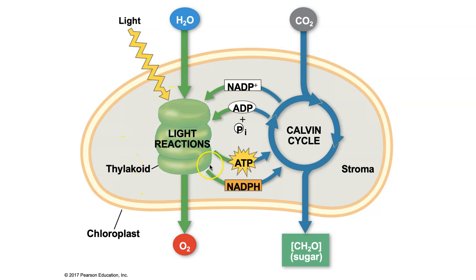So we just saw how they create energy. And now in the Calvin cycle, we're going to see how they take that energy and turn carbon dioxide into sugars. So this is going to be the reduction. Carbon dioxide is going to be reduced, gaining electrons, and in the process is going to build a larger molecule, the sugars.